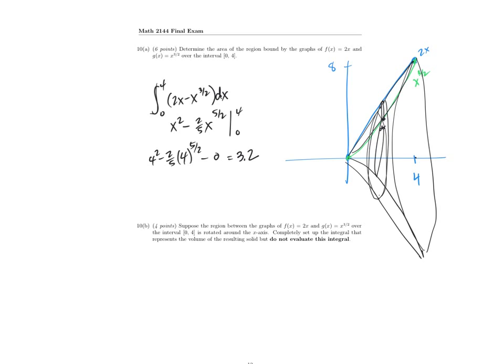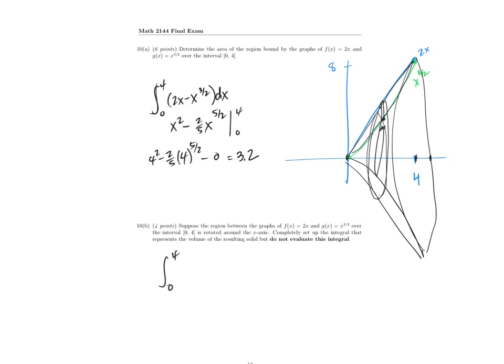Okay, and so that little disc that I've made, well, it's a washer really, because the middle of it is cut out. So if I think about the volume of that washer, I can set this up. So I want to add up all those little washers. And again, I'm adding up all the washers from x equals 0 to x equals 4.